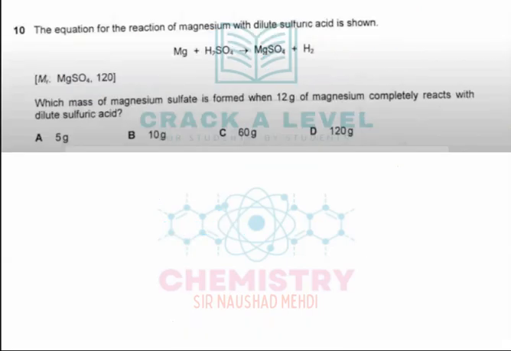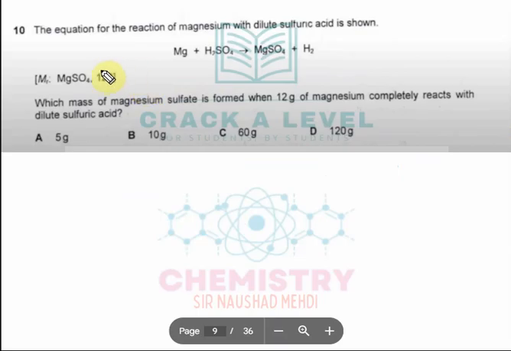Okay, now this MCQ says that the equation for magnesium with dilute sulfuric acid is shown. The Mr is given. Which mass of magnesium sulfate is formed when 12 grams of magnesium completely reacts with the dilute sulfuric acid?